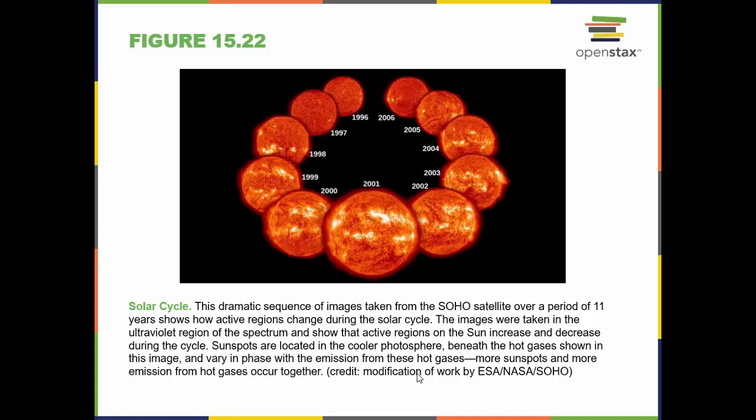So the sunspots are located in the cooler photosphere beneath the hot gases shown in this image. And they vary in phase with the emission from these hot gases. So more sunspots, more emission from the hot gases occur together.